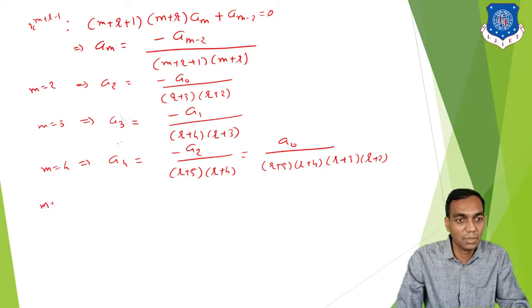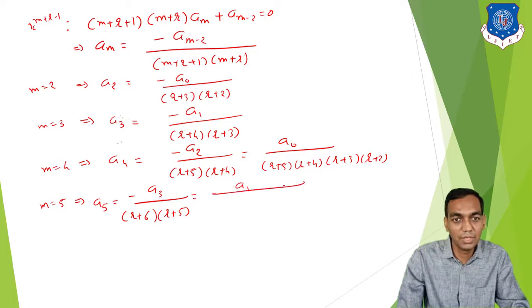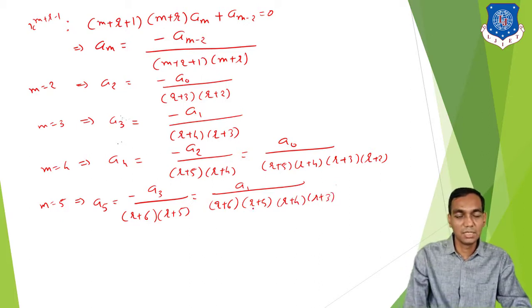Same manner for m = 5, you will get a5 = -a3 divided by (r+6)(r+5), and that will be a1 divided by (r+6)(r+5)(r+4)(r+3). Now these are enough terms.